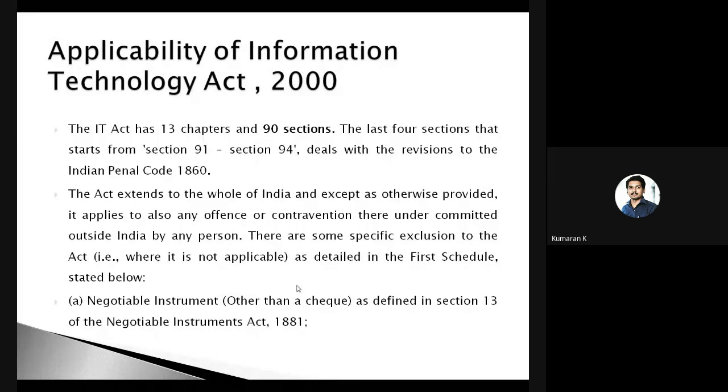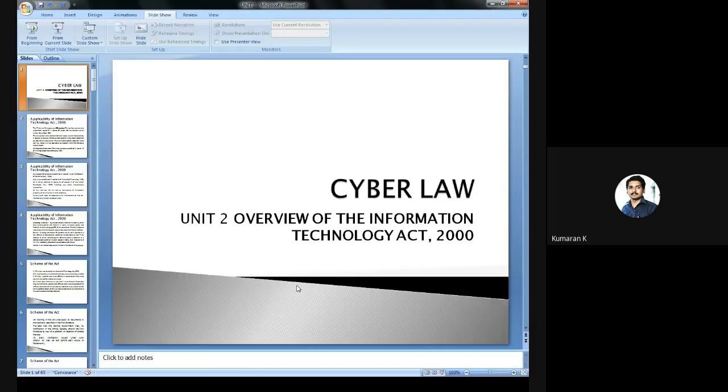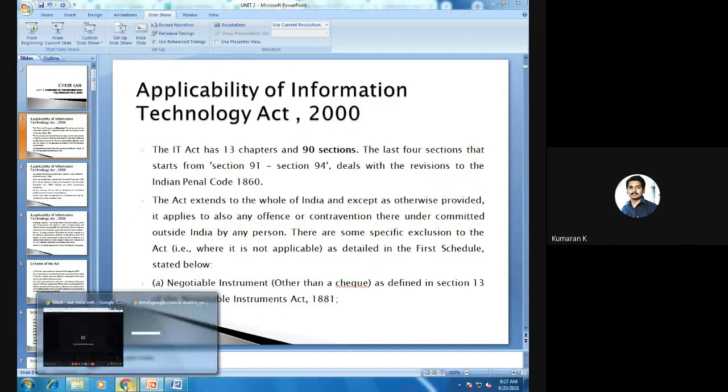Arun Kumar, Ilekya, Hari Vignesh, Ajay. Ajay is not there.